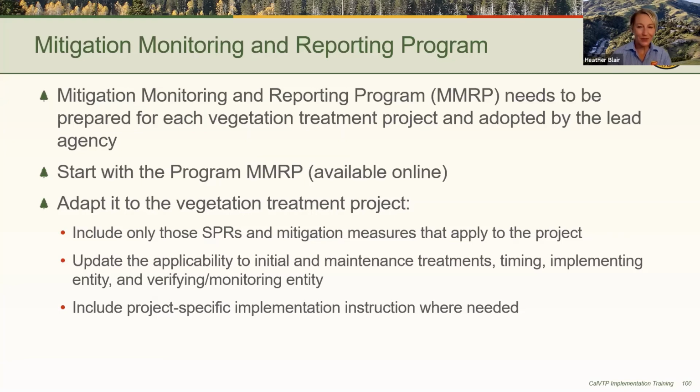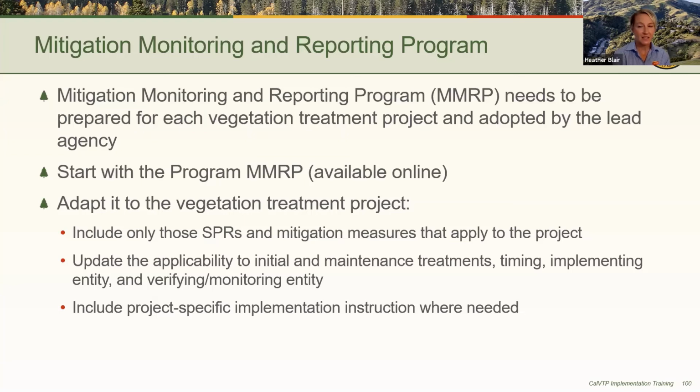As required by CEQA, the MMRP needs to identify the timing for implementation of the measure, as well as identification of the implementing entity and the monitoring or verification entity. So typical examples of timing might be prior to the treatment or during the treatment. The entry in this column of the MMRP is from the CalVTP program EIR and shouldn't need to change for the specifics of your project.